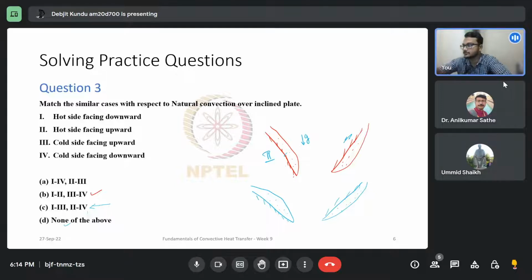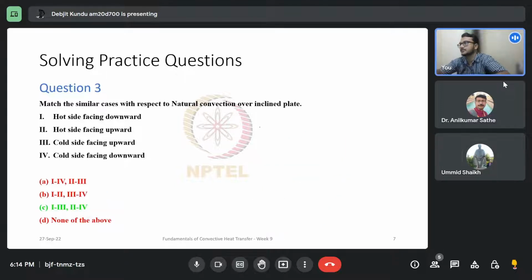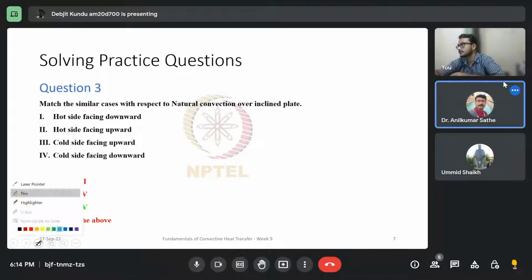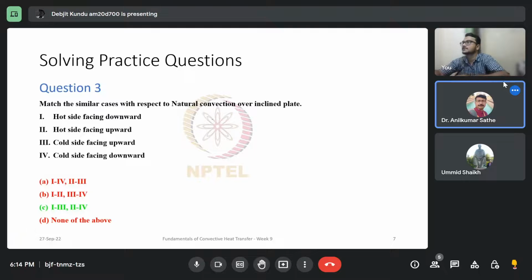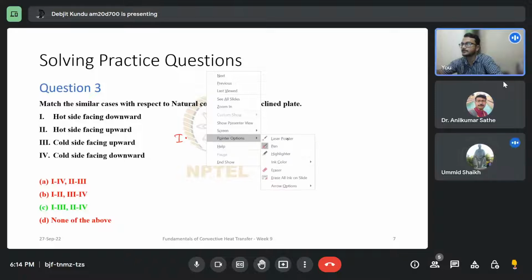I should try to draw this more clearly. I'll draw them here. So let's start with option one, hot side facing downward.